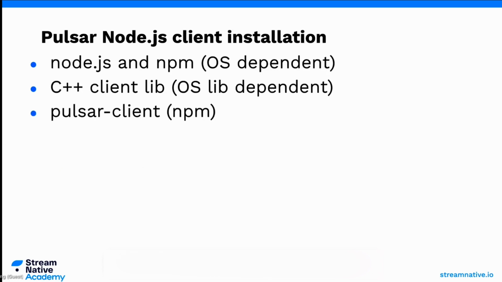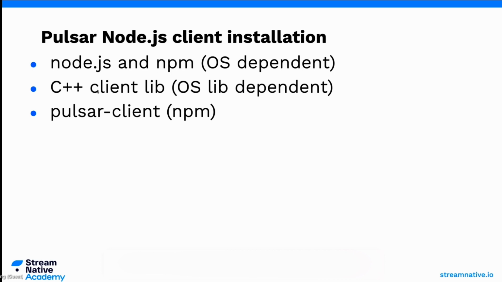So how do you do the Node.js client installation? First you have to get Node.js and npm ready. I assume that you know how to set it up on Windows, Linux, or Mac, right? I use Mac. On Mac you can do brew install, and it will have npm and Node.js ready, right?